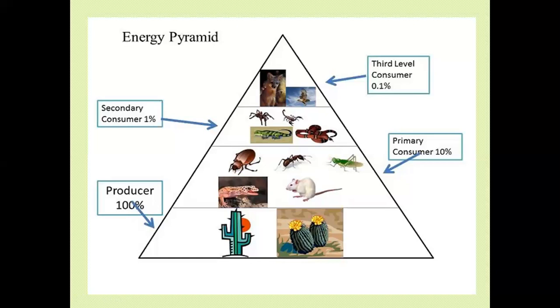The secondary consumers again use most of the energy for their personal needs, and the energy which is transferred to the next trophic level is only 10% of that energy.